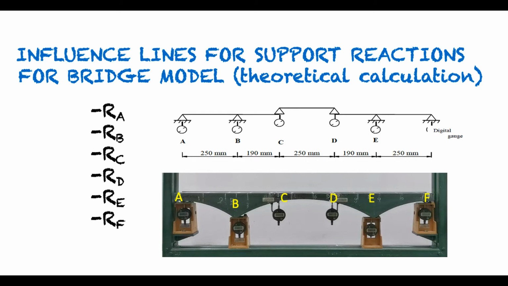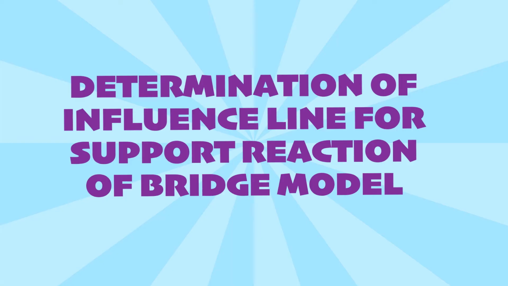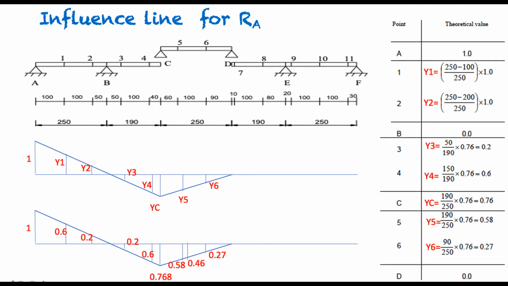Therefore, when we do the lab test, all the data from the dial gauges will be recorded. So now our task is to determine the influence line for RA, RB, and RC to RF.